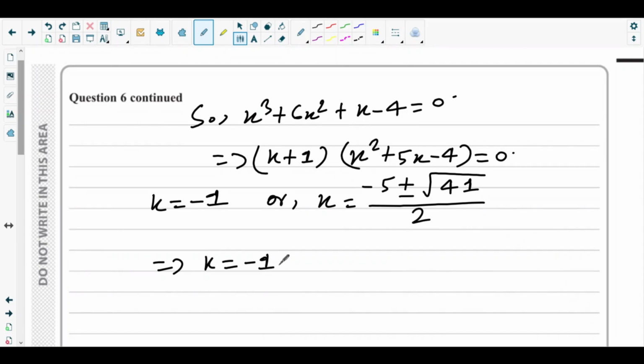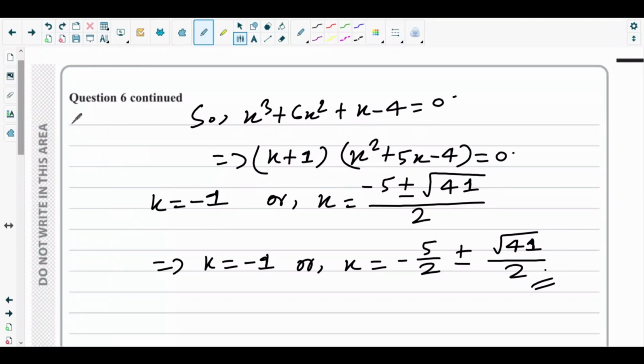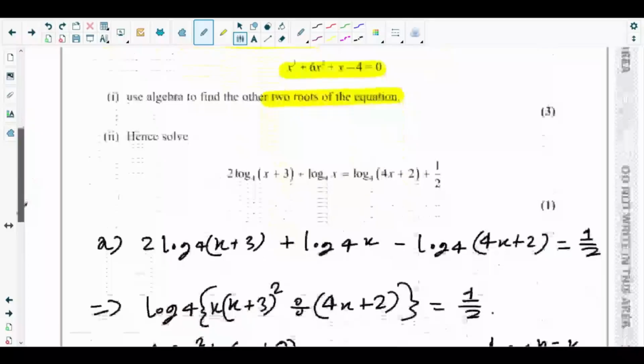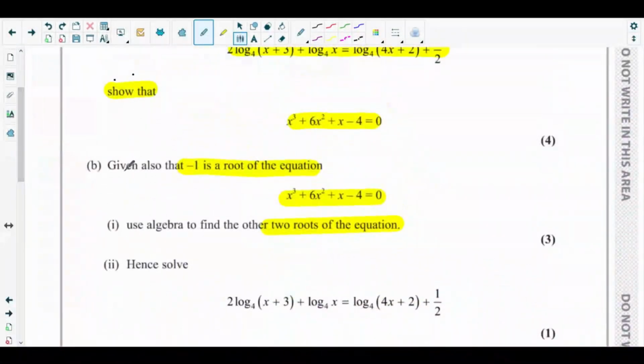The first one is x equals to negative 1, and the other two roots are x equals to negative 5 over 2 plus or minus square root of 41 over 2, and that's exactly what question part B1 has asked for.